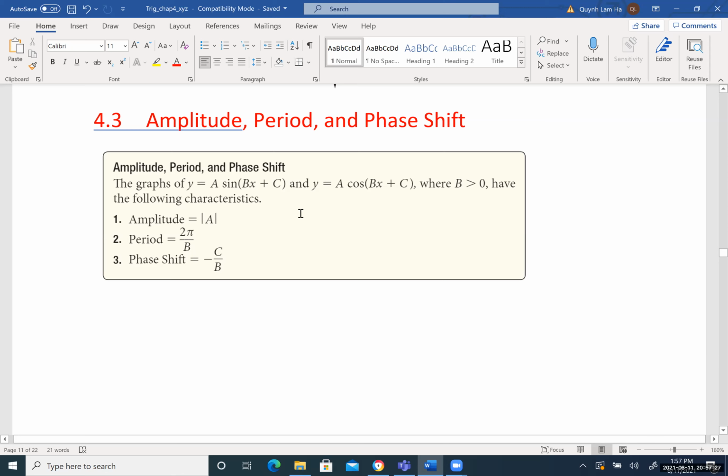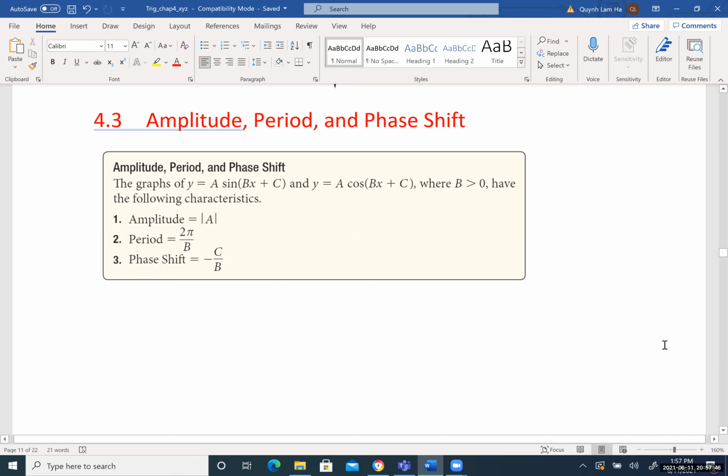With tangent, you will have a different period, pi divided by b. Right here we're talking about sine and cosine, so the period all the time is 2 pi divided by b, where b is the value in front of x, and the phase shift will be minus c over b.